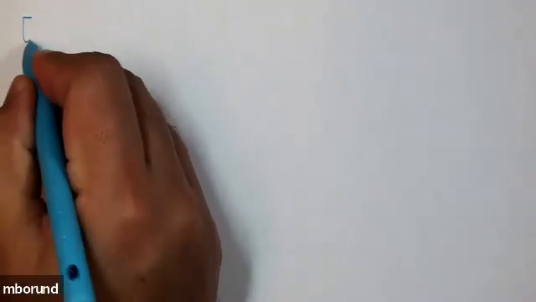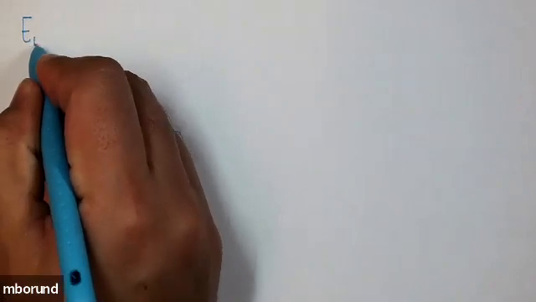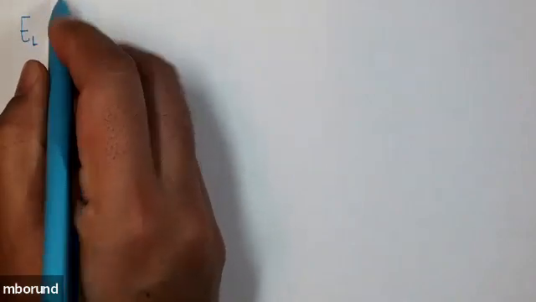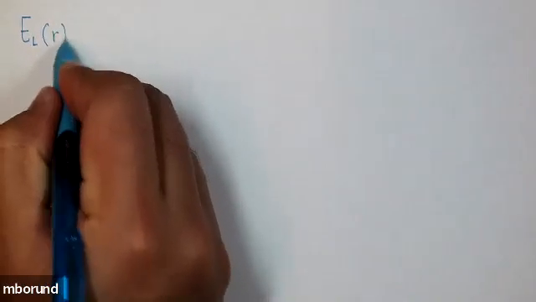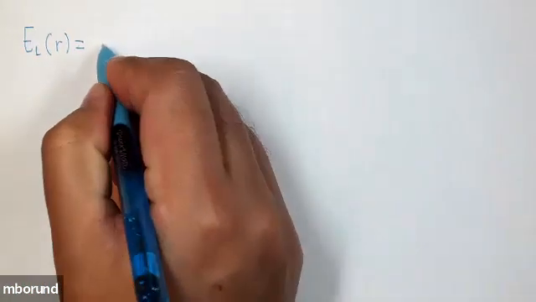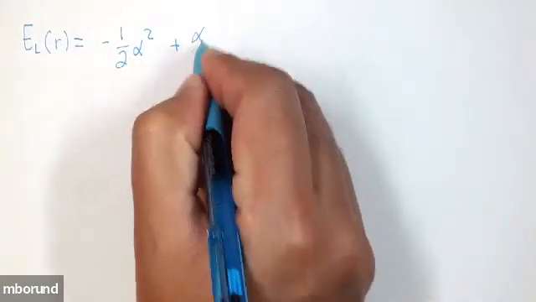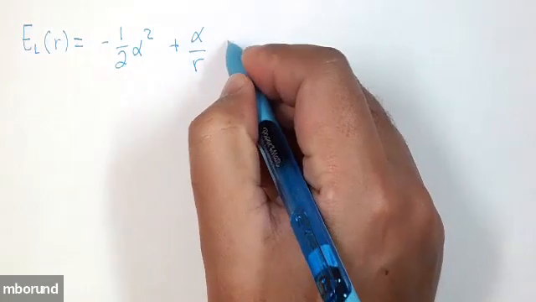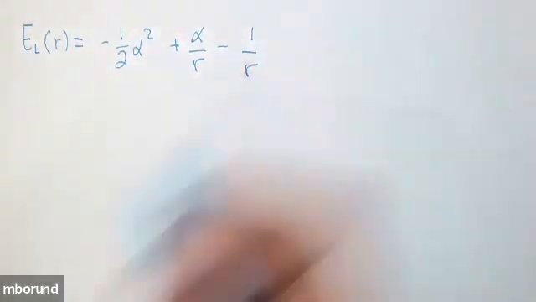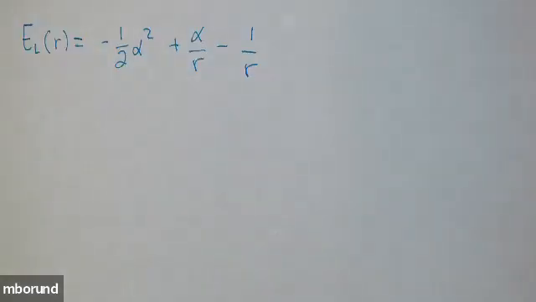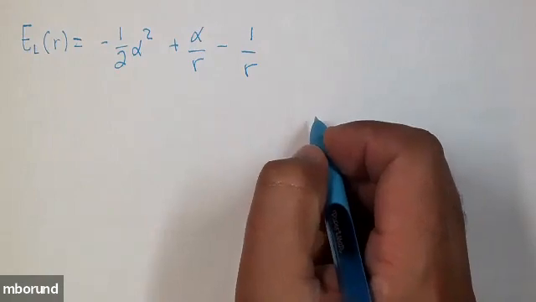And we ended up with something where this energy depends on R and is given to us by this 1/2 alpha squared plus alpha over R minus 1 over R. Let me just double check that this is being displayed correctly. Okay, good. So this is the Hamiltonian that we will get for this, right?